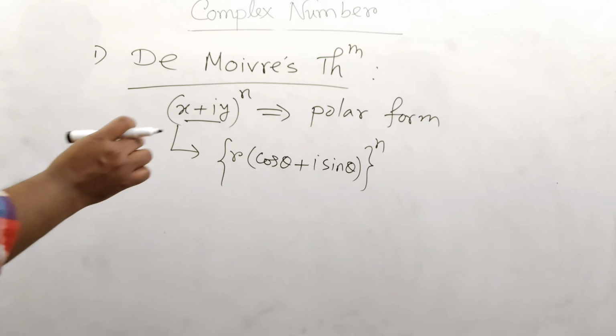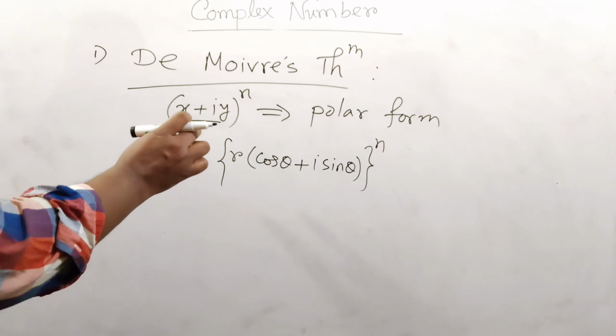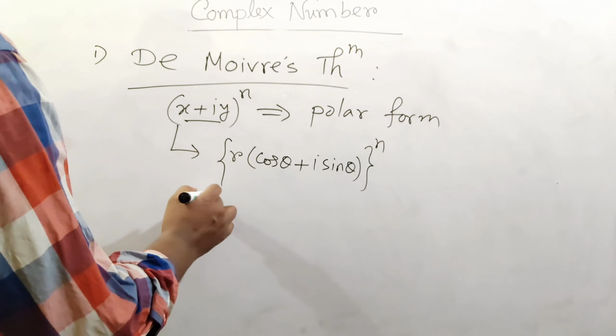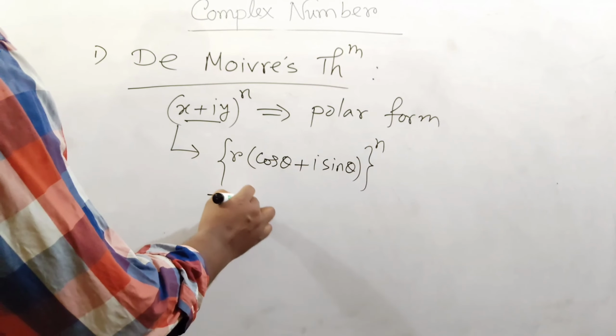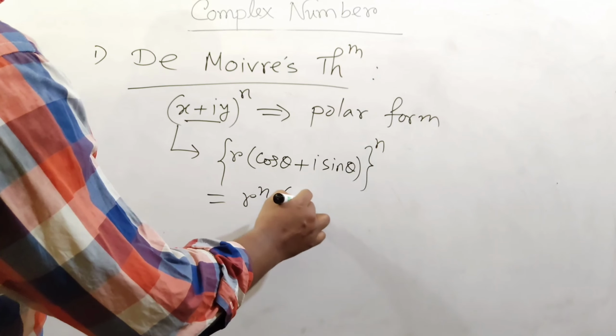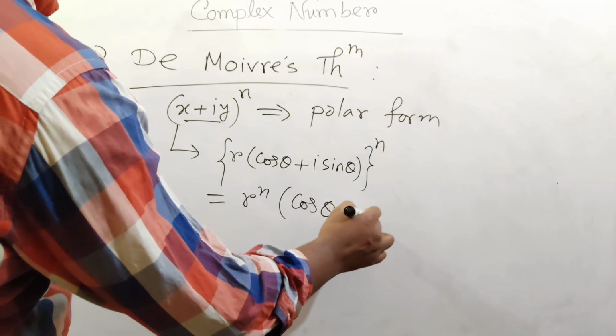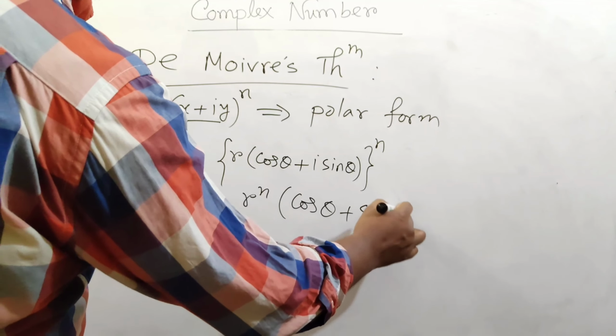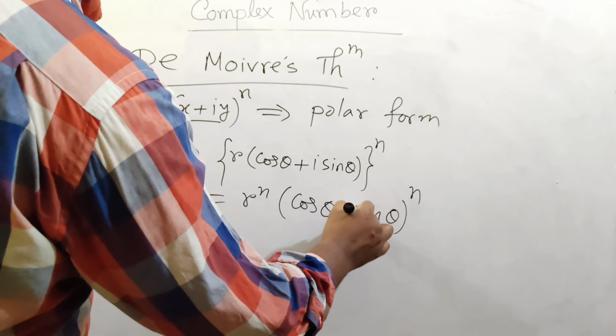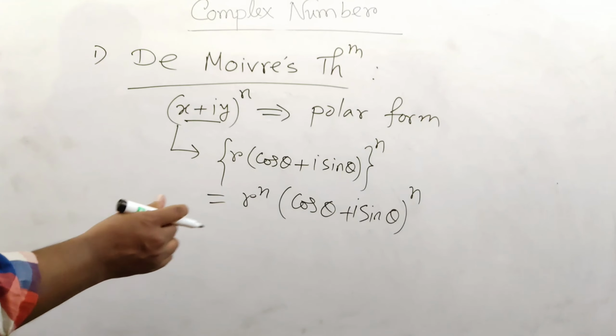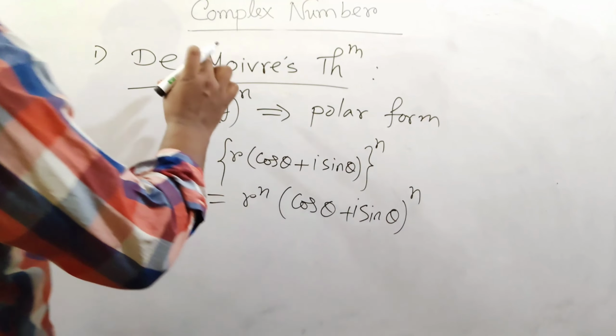Now what is the polar form of this? Then we can use here r to the power n, cos theta plus i sin theta, power n.